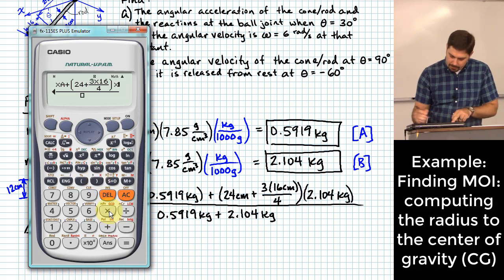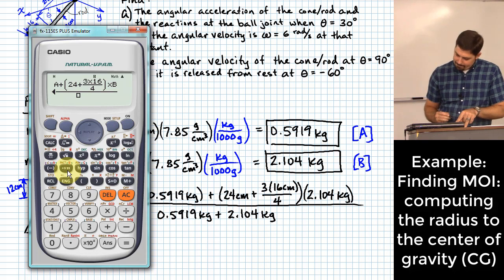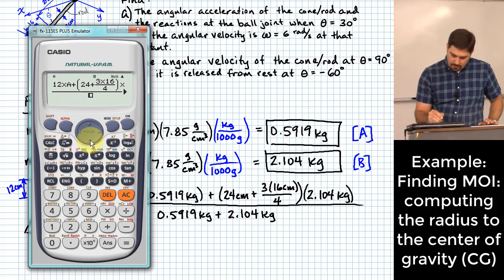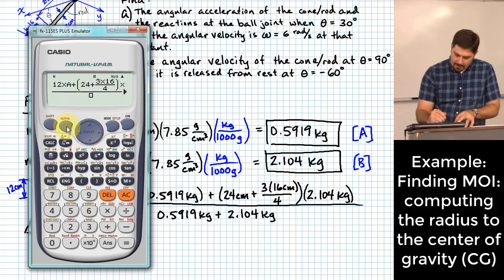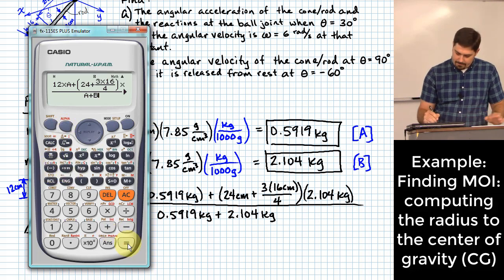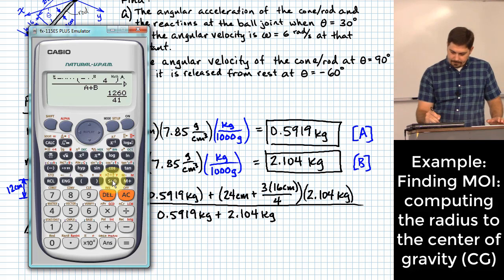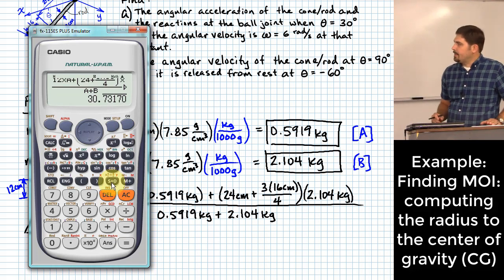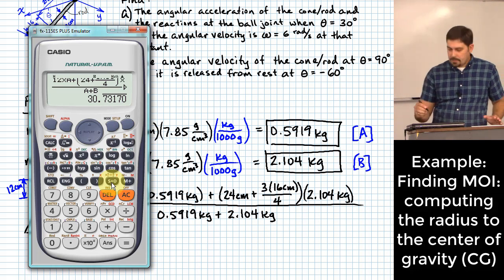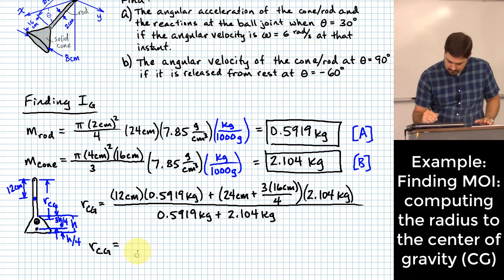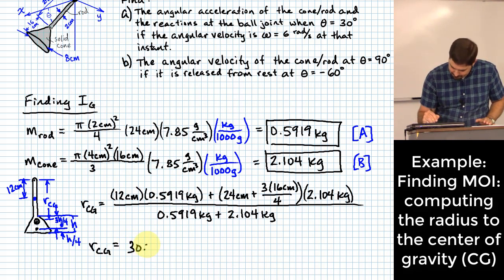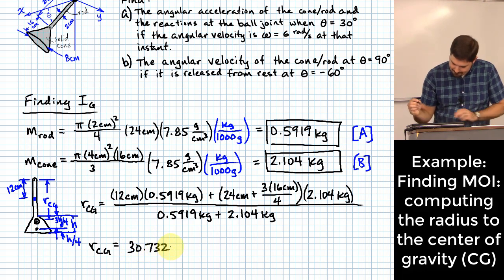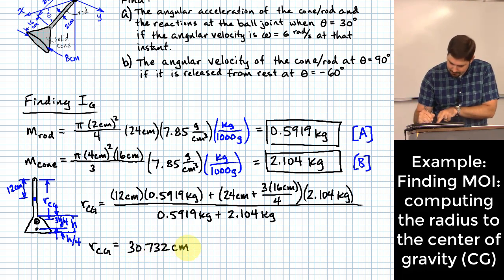And that all gets multiplied by what I have stored in B. And all of that stuff's going to be divided by what I have stored in A plus what I have stored in B. Okay, and that length then is 30.732 centimeters.